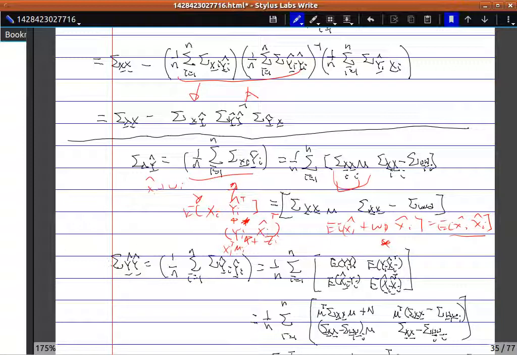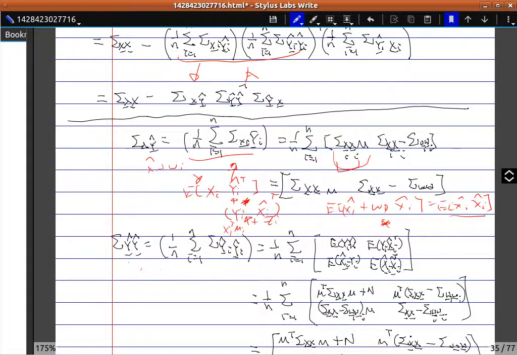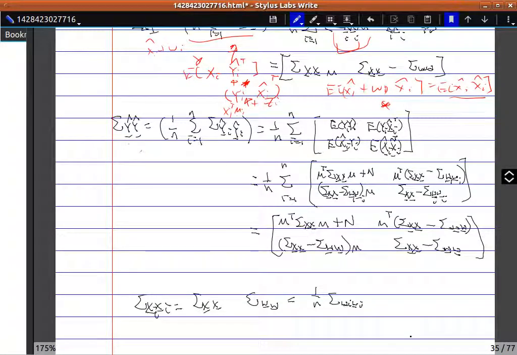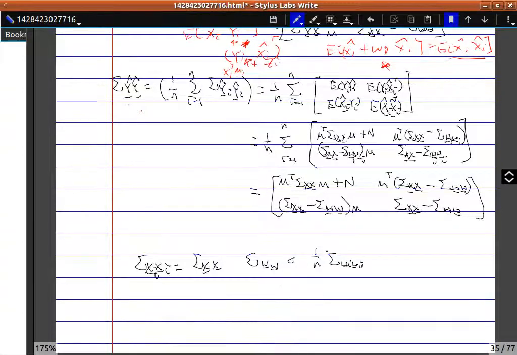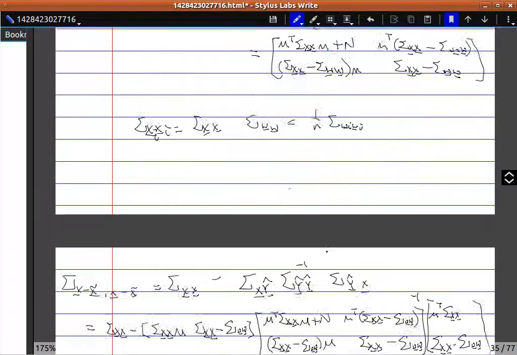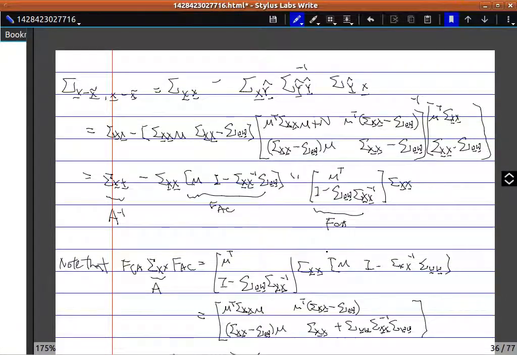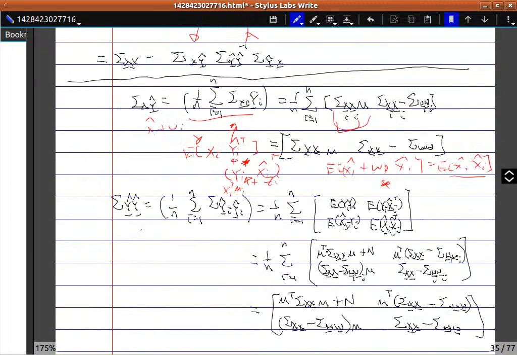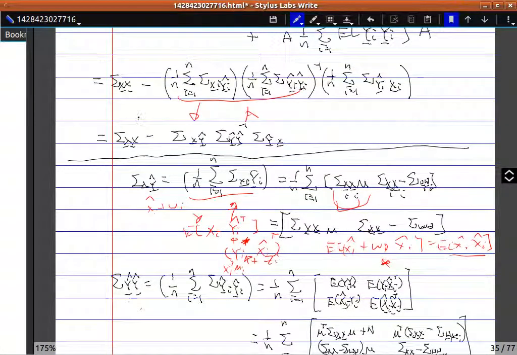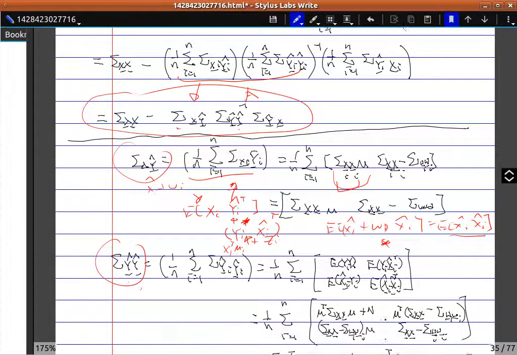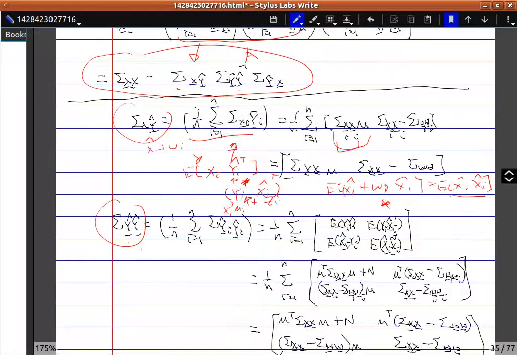Similarly we can compute the covariance of y hat, and we have terms like that. This is just simple algebra really. Now, we're coming back to this equation here. We have this term and this term computed like this, so we can substitute them into the equation here.